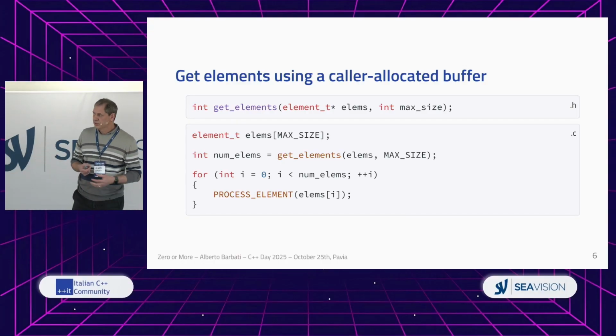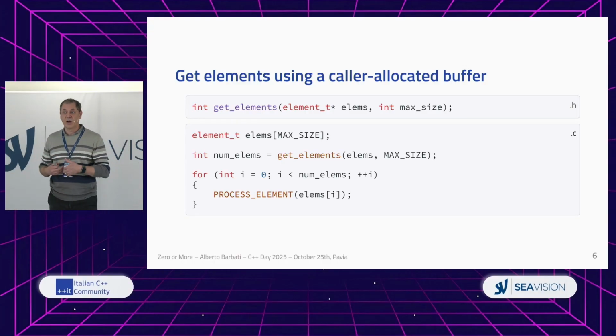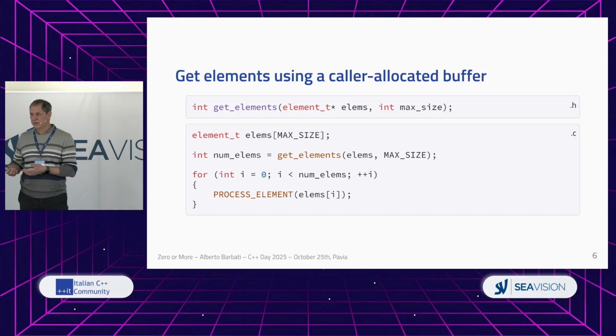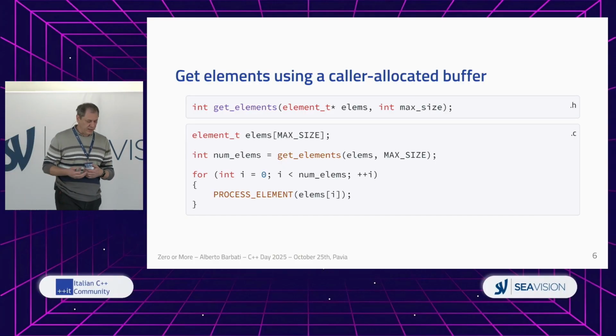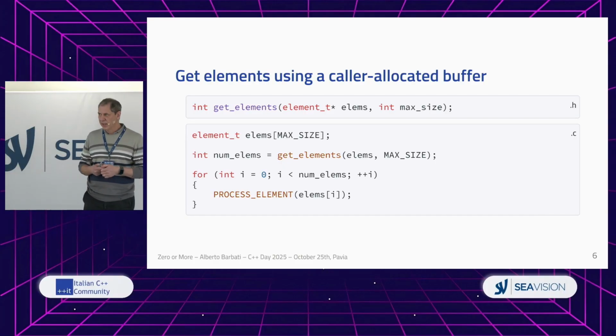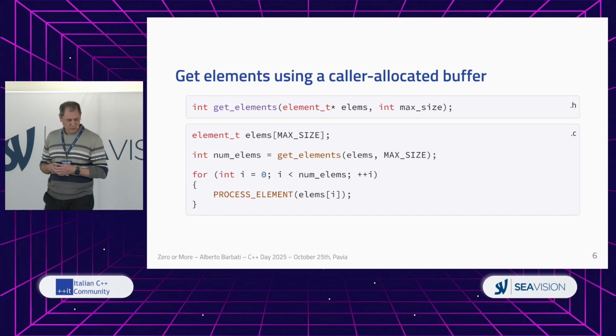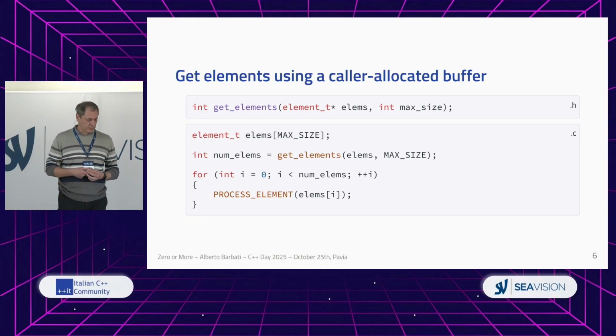Of course, you say, okay, but what if there are more than max size elements? If I have a gigabyte file and I have a buffer of just 2K or 4K, what happens? Well, actually, you have to wrap this code into another loop that calls this loop repeatedly.